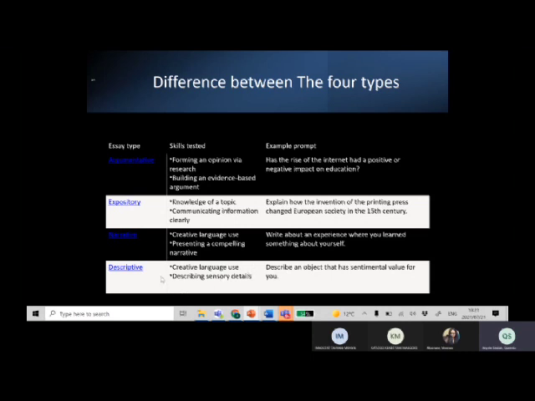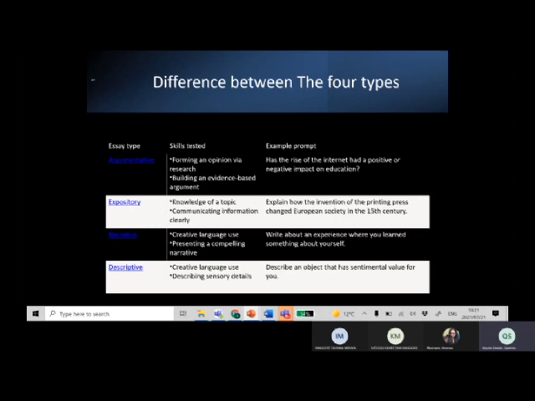Then, of course, the descriptive essay, which uses creative language. Remember, we said you're describing in detail. And there are a lot of similarities between the narrative and the descriptive, right? Because of the creative language use. So you will not only describe in simple terms like you will do in the argumentative and expository essay.